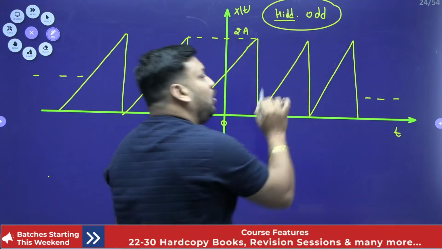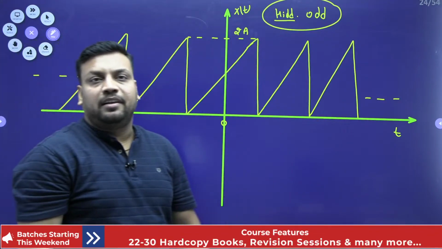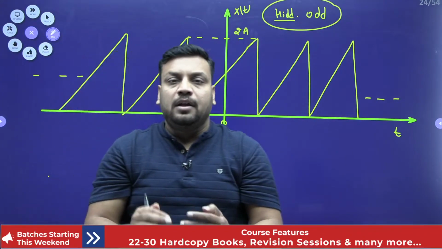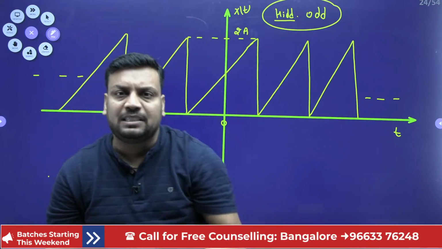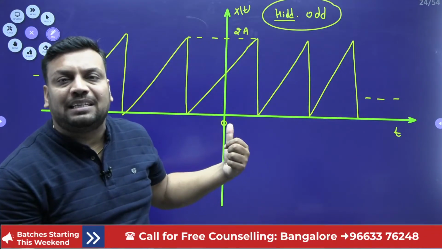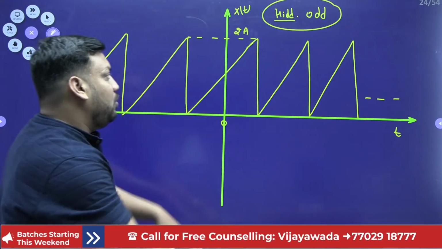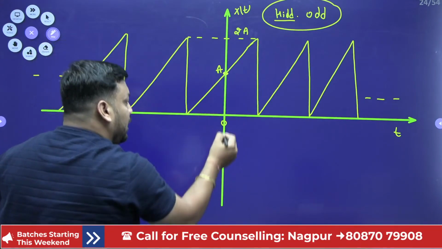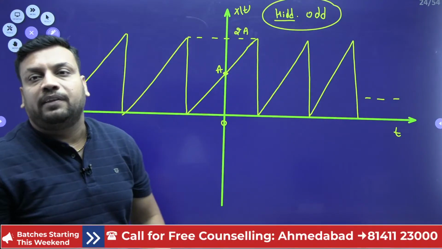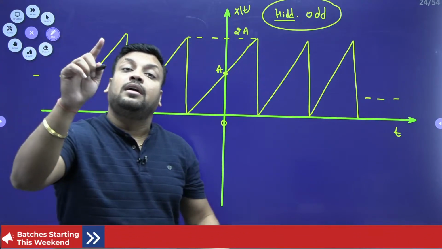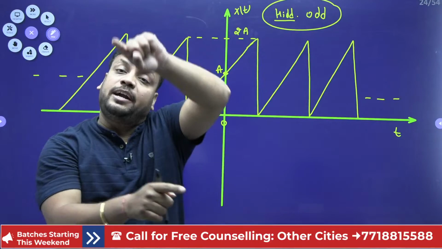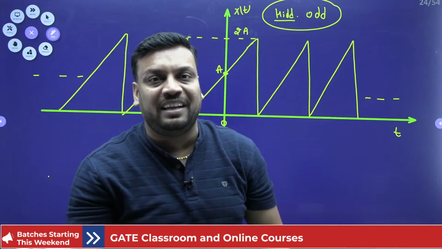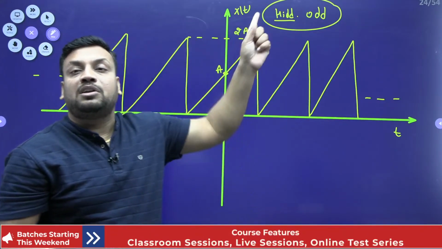It is not directly an odd signal. It is a hidden odd signal, because if I provide amplitude shifting of minus a, or subtract a from this signal, it is going to shift downward. So this point intersecting at A, after shifting, intersects at 0, and the signal will become an odd signal. After doing amplitude shifting, if the signal satisfies the odd condition, then it is the hidden odd symmetrical condition.